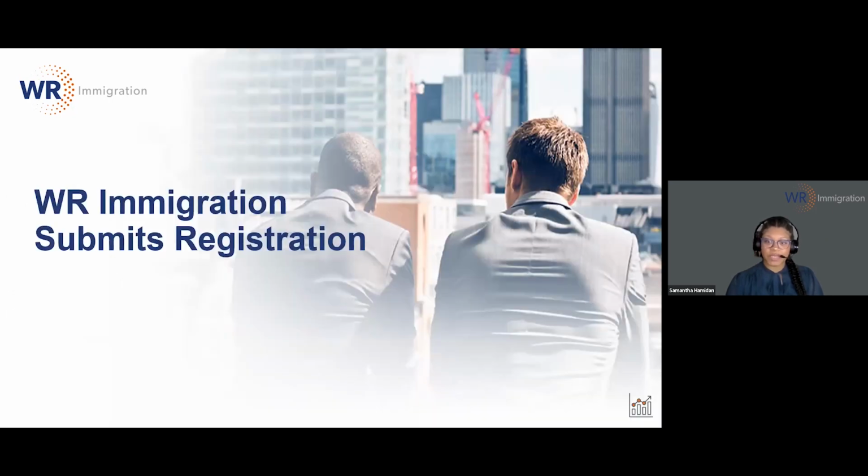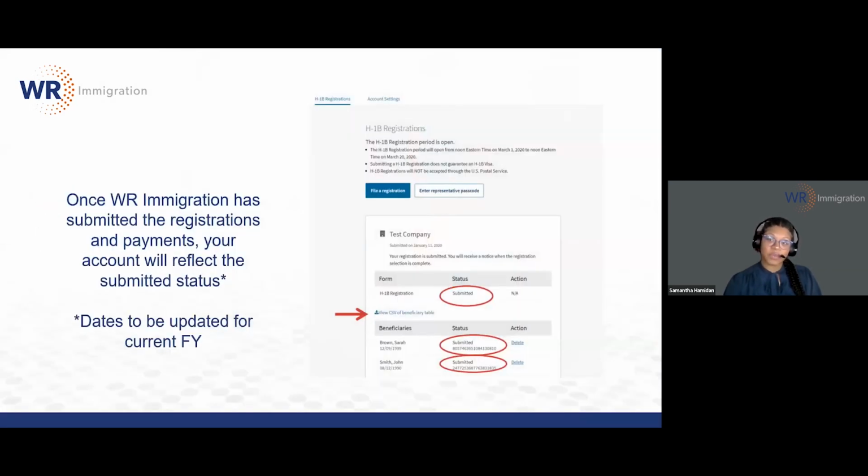The system will update the WR Immigration Attorney's account. We will then conduct a final review of the registrations, submit the registrations, and submit the registration fee on the employer's behalf. After WR Immigration has submitted the registration and payments for the individuals in the lottery, your account should be updated. You will see that the status for H-1B registration displays as submitted.